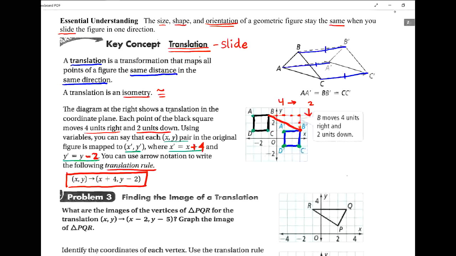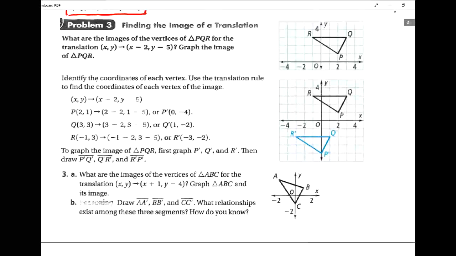So we are going to write translation rules. Let's look at our example. It says, what are the images of the vertices of triangle PQR for the translation? Here we are given our translation rule. x minus 2 means we're going left 2, and y minus 5 means we are going down 5.